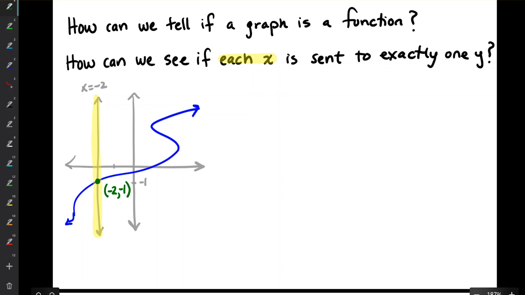I don't care where it's sent, I care that it goes to one place. So if I imagine moving a vertical line across my graph, I'm fixing x values, I'm seeing one intersection, I'm happy. But notice what happens right here.